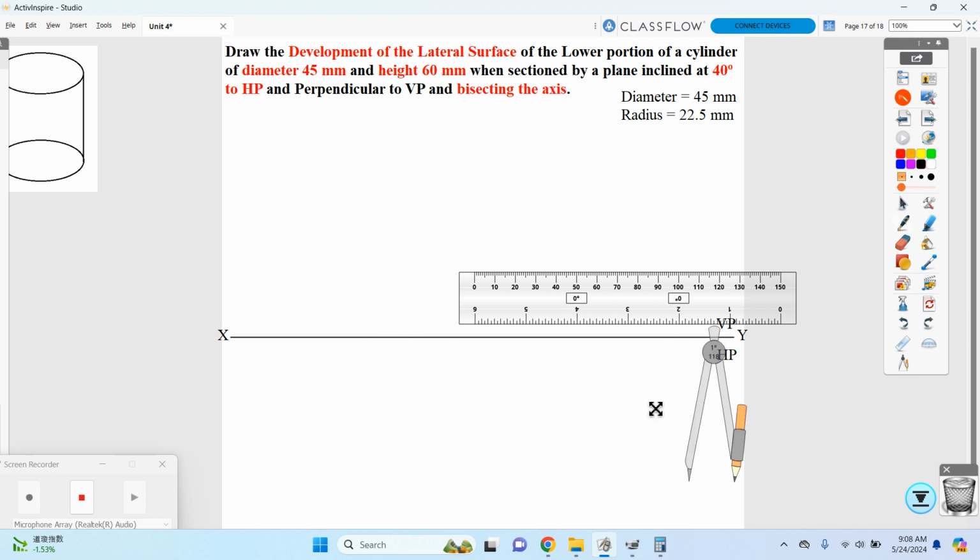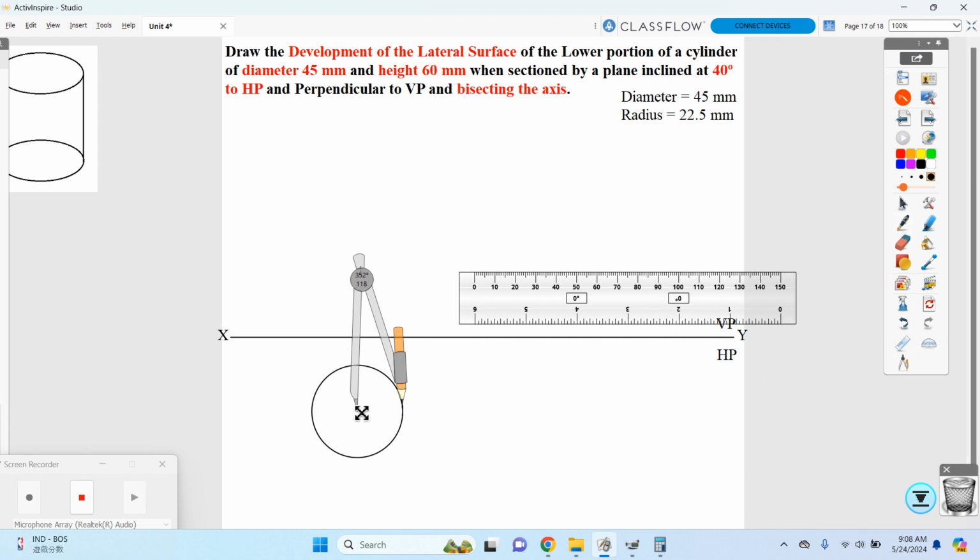Then mark its center point, that is the compass tip. When you do it in your class you will be able to get it. For me, I am taking a reference now.